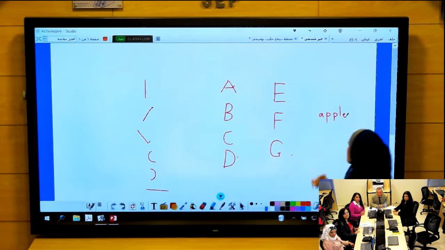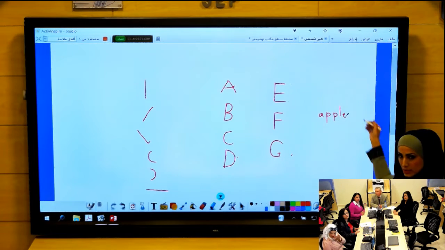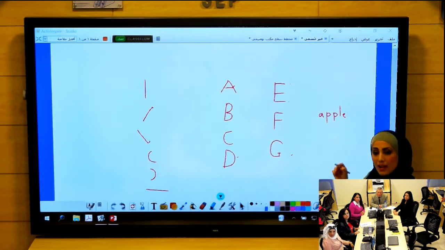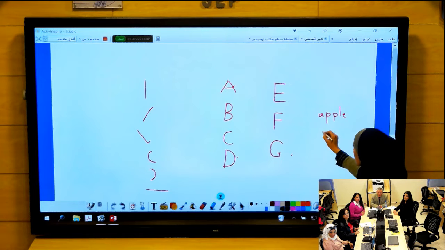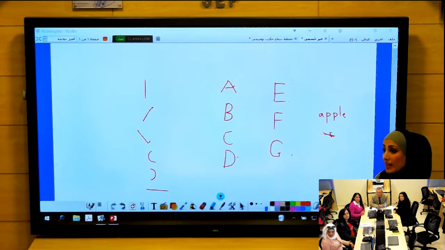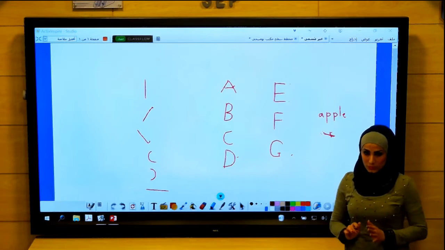I draw the children's attention to the way I write the word. This is the first step. Now, the next step, I can write down the same word with faint lines or with spots, in order to let them trace over these words. At the end, I encourage them to try to write on their own.